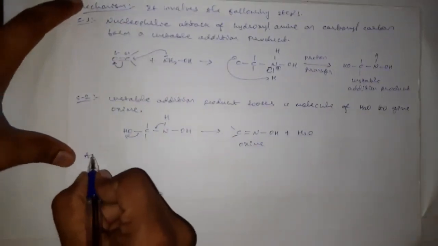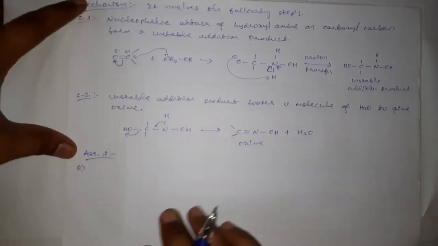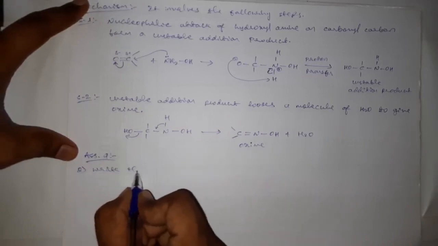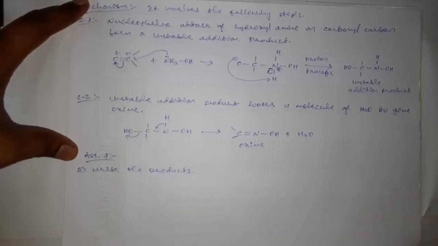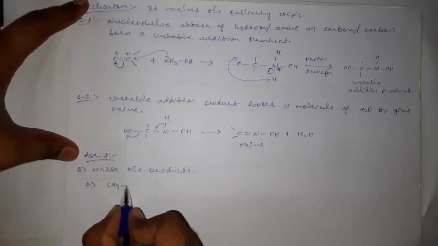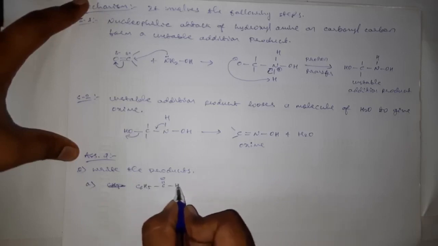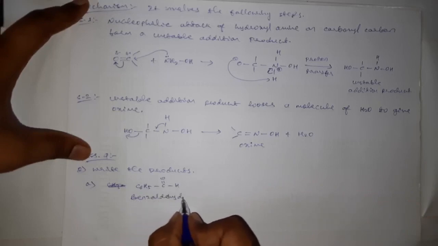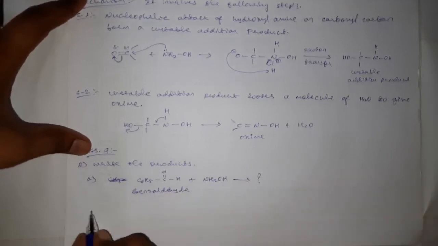Then now take down the assignment questions. This is the second one. Already I have given the first one. Write the products. The first one is C6H5 C double bond O H: when benzaldehyde is treated with hydroxylamine, what product will we get?